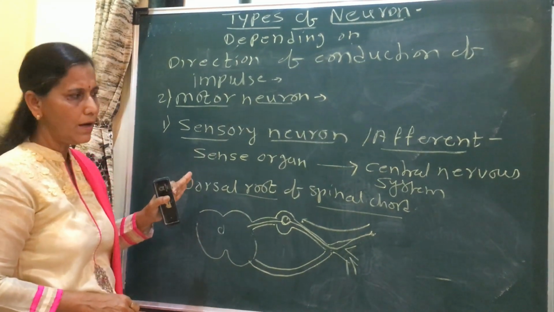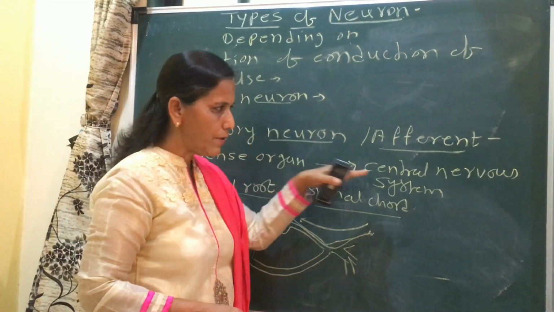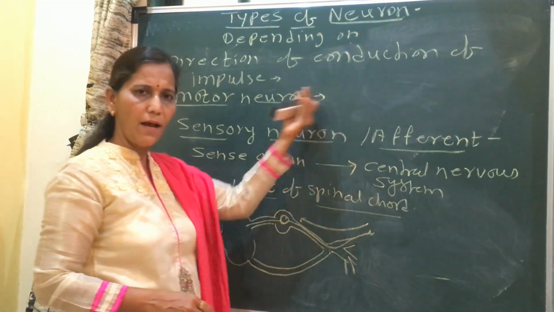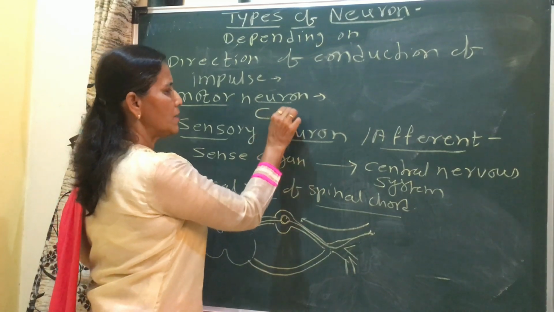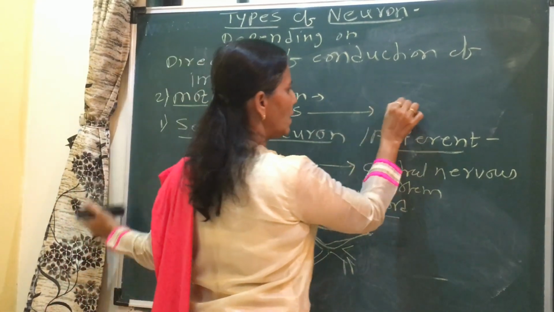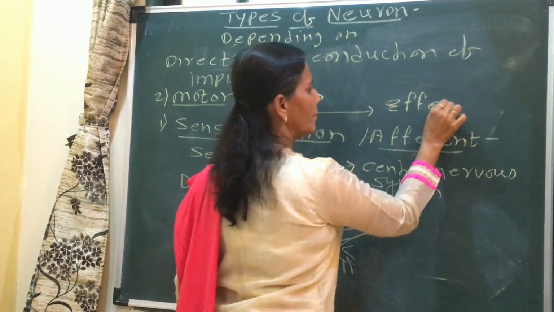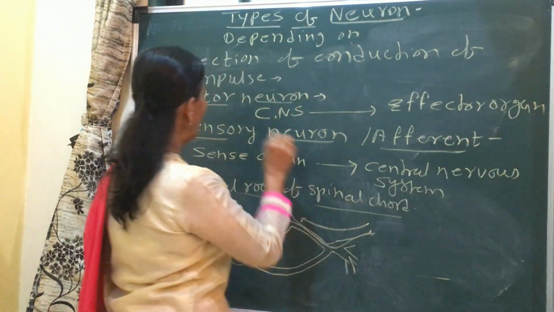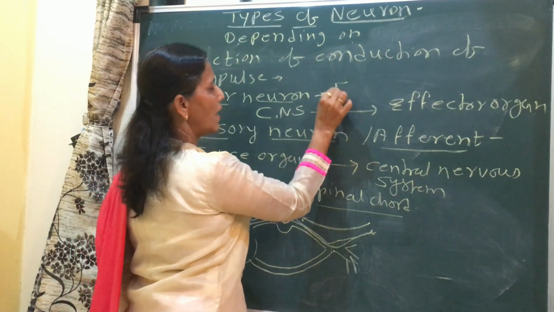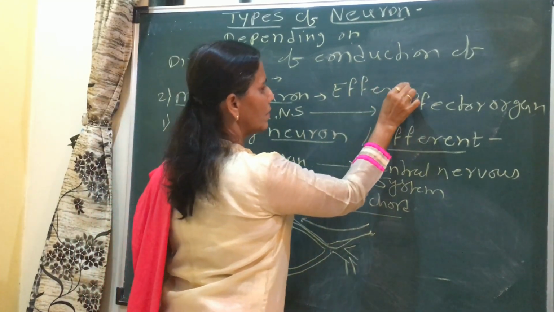It carries it up to the effector, away from the central nervous system. Means it conducts impulse from the CNS to the effector organ. And this motor neuron is also called the efferent neuron.